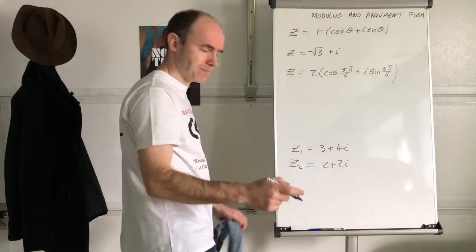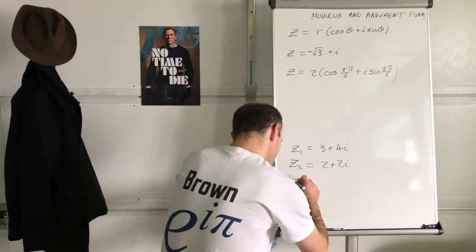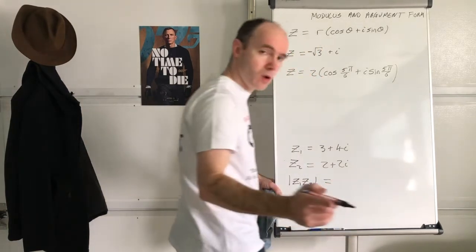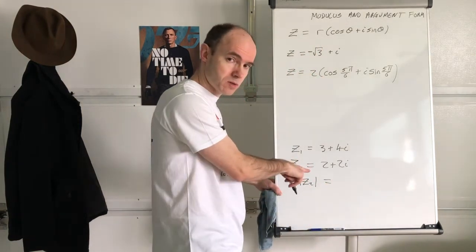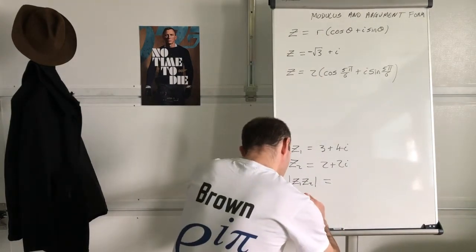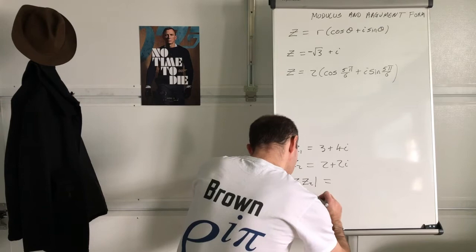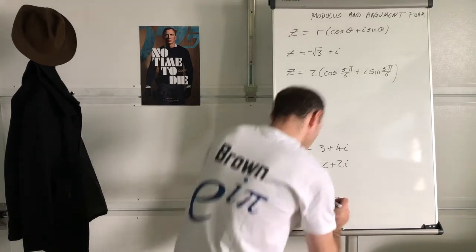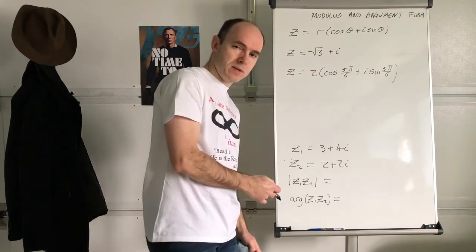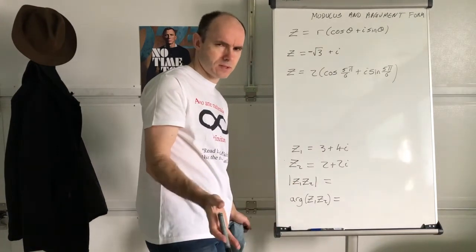Modulus and argument of that. Then I'm going to ask you to find this, the modulus of z1 z2, that's the modulus of z1 times z2. And then the argument of this, z1 times z2. The argument of z1 z2. Can you do that for me? Great. I'll see you in a bit.